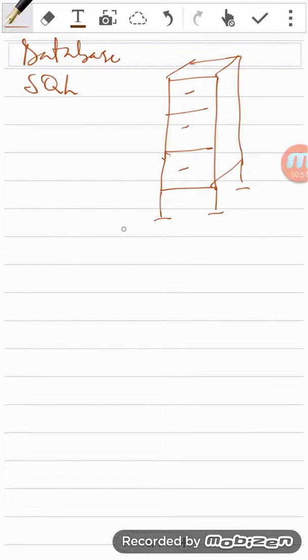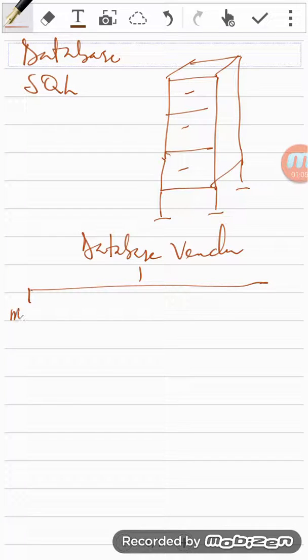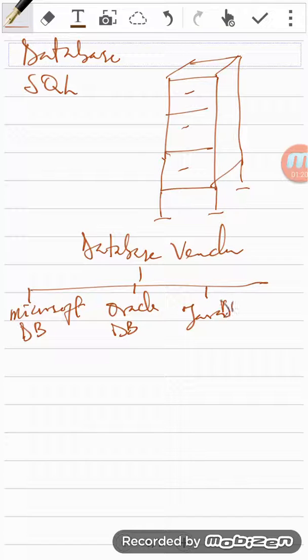We have the Microsoft database vendor. We have the Oracle database. We have the Java DB.